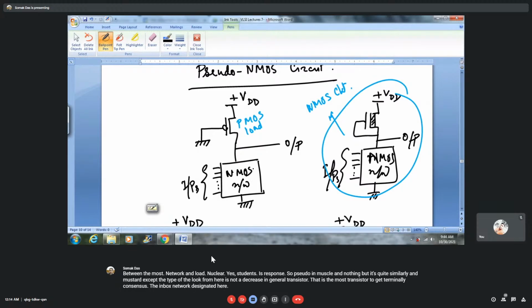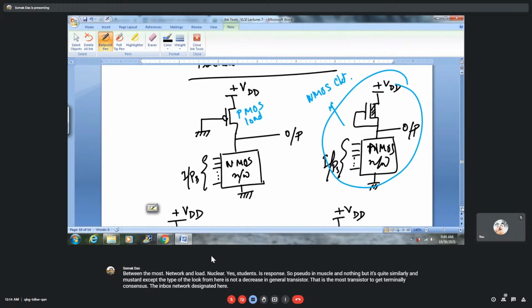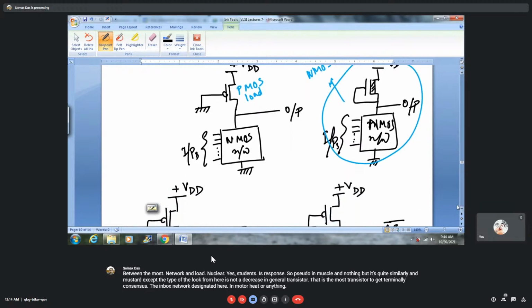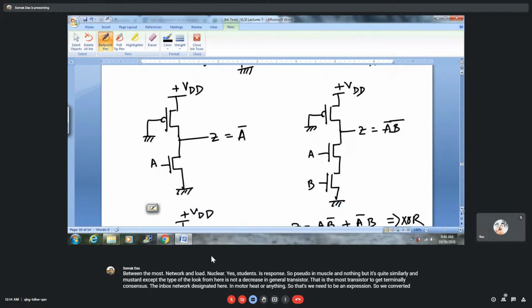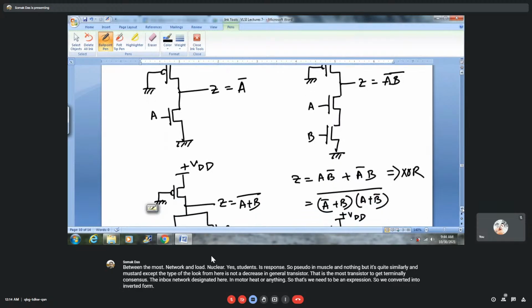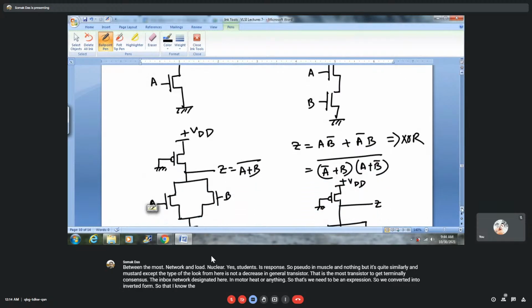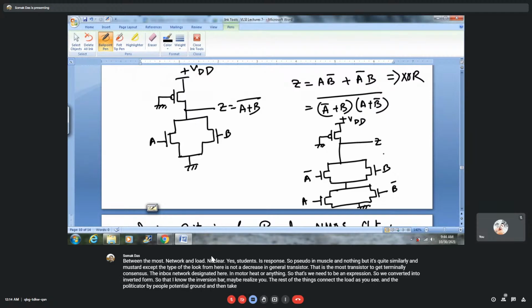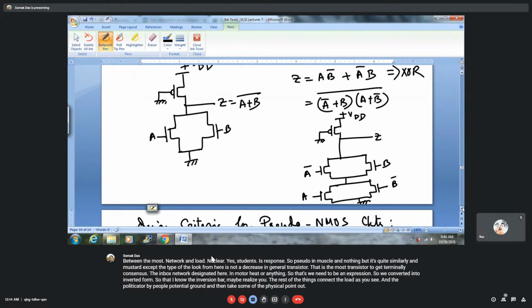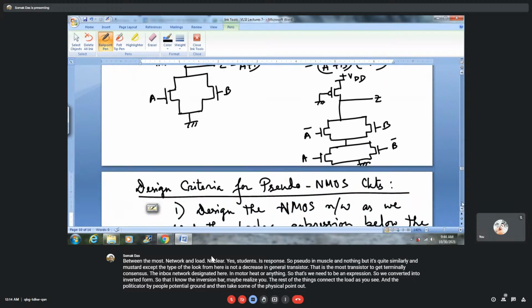You just need the Boolean expression converted into an inverted form so that the expression you get below the inversion bar may be realized within the NMOS network. The rest of the thing is connect the load as it is, with the polarities of biasing potential and ground, and then take the output from the suitable point. So this is nothing but the design criteria.